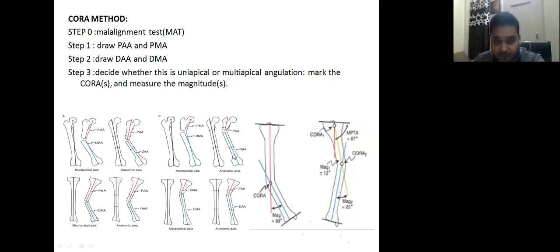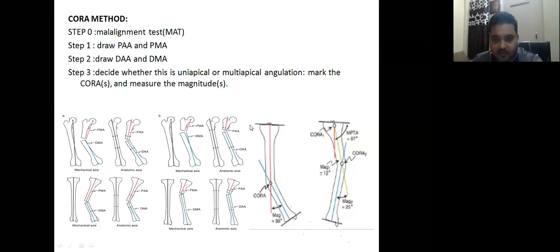See, while planning a deformity correction, it is not that we have to plan with both, drawing according to the mechanical axis and the anatomical axis. We can go by any one as per our feasibility. So either we can draw the anatomical axis and plan accordingly, or we can draw the mechanical axis and plan accordingly.